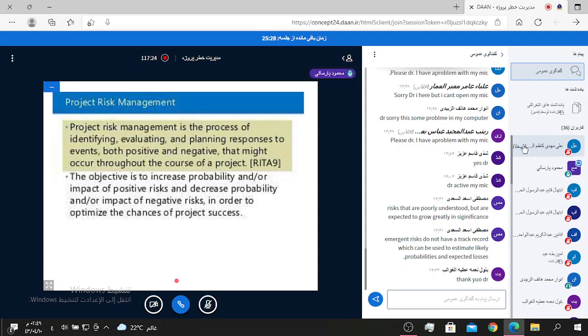And the objective of risk management is to increase the probability and or impact of positive risk, and about negative ones, decrease the probability and or impact of negative risk, in order to optimize the chances of project success. Okay. Any question?